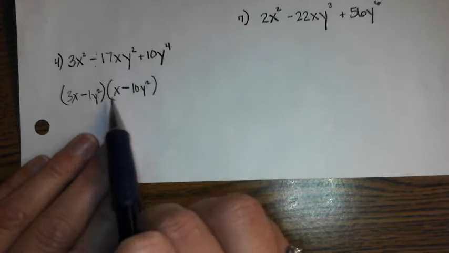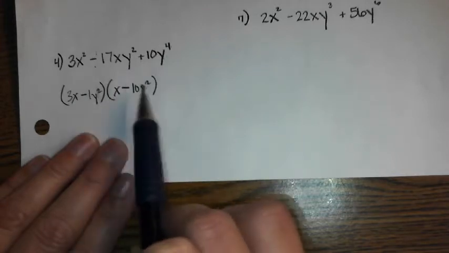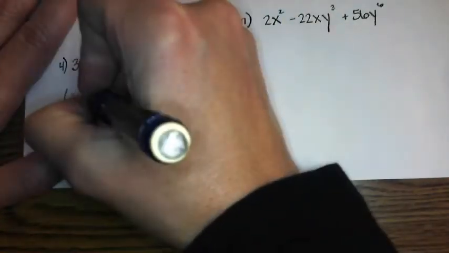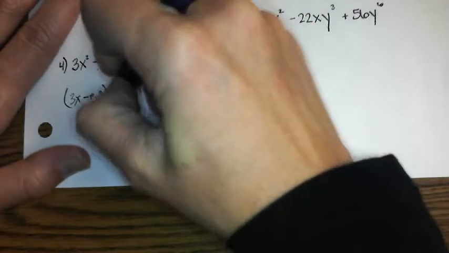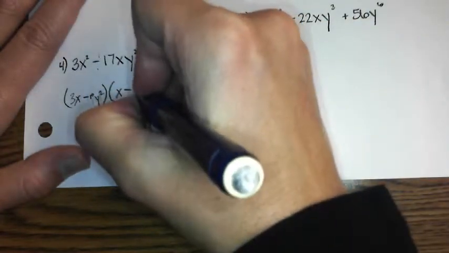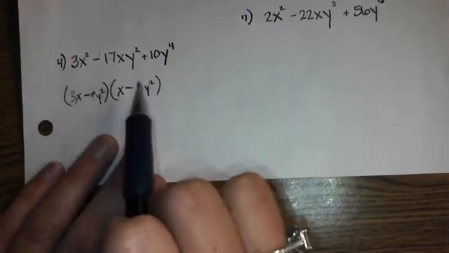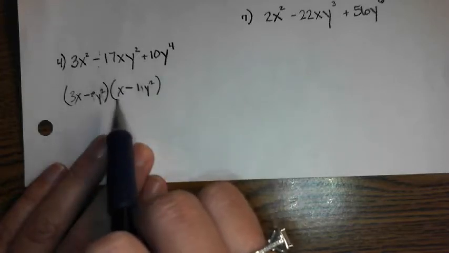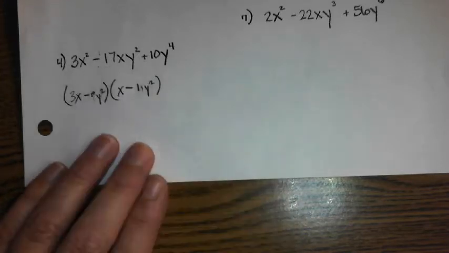Negative 30, and my inner is negative 1. Does negative 30 and negative 1 make negative 17? Absolutely not. So I'm going to flip that and do negative 10 and negative 1. My outer product is negative 3, and my inner is negative 10. Does that make negative 17? Nope. So 10 and 1 are out.